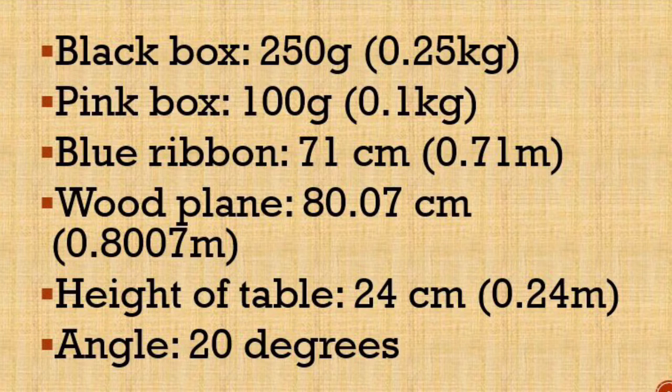The length of the blue ribbon that is connecting the two boxes is 71 centimeters, and the length of the table, which is in this case representing the inclined plane, is 80.07 centimeters. The height of the table while resting on the books is 24 centimeters, and the angle that is created with this height and this elevation is 20 degrees.